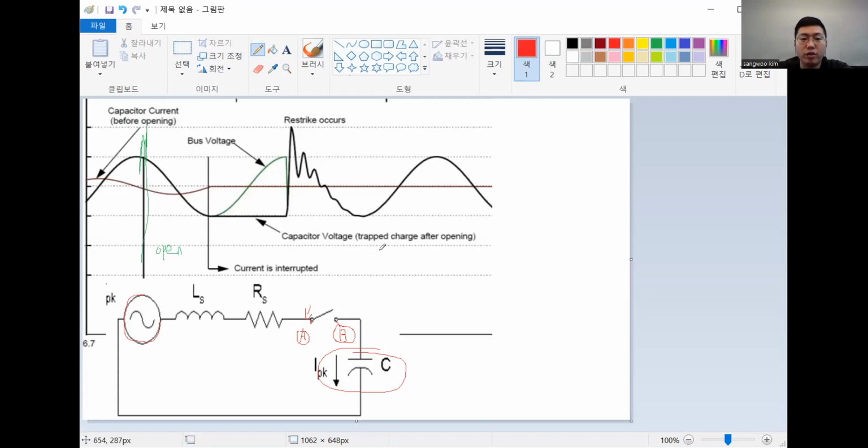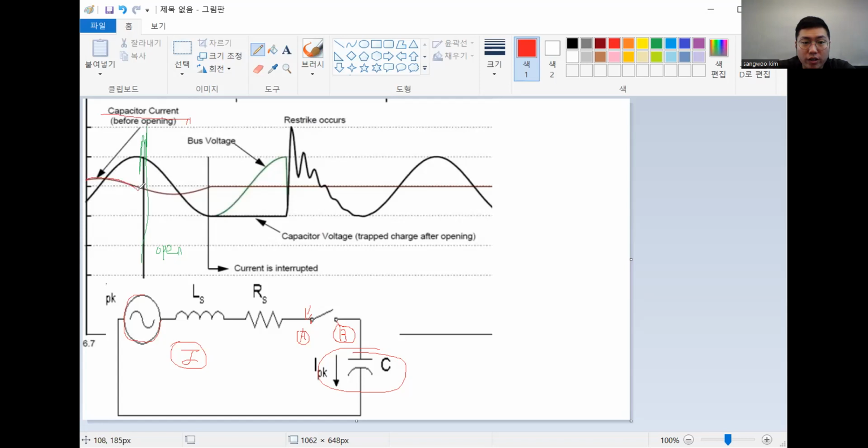So what happened? As you know, the voltage and current are not in the same phase. There should be about a 90 degree difference, leading or lagging, it doesn't matter. The power factor is not one, almost 90 degrees of difference. For example, here the capacitor current is flowing.